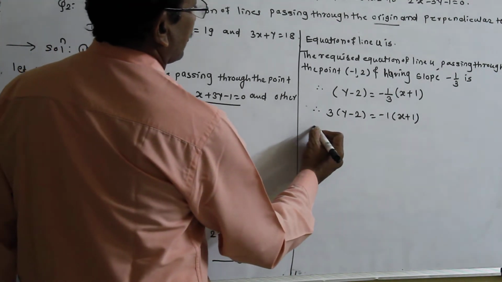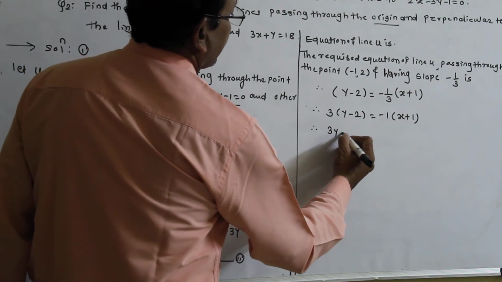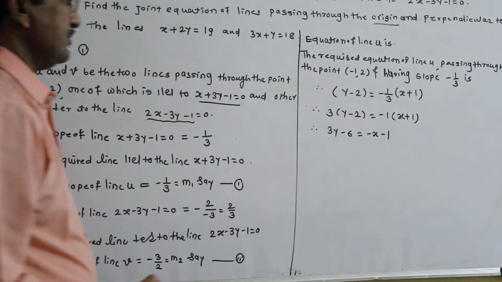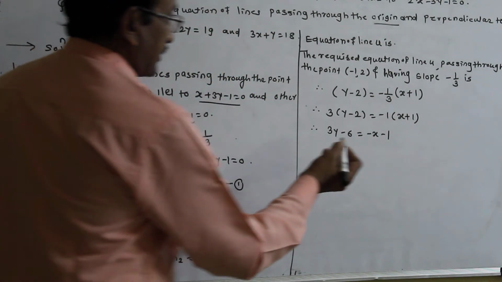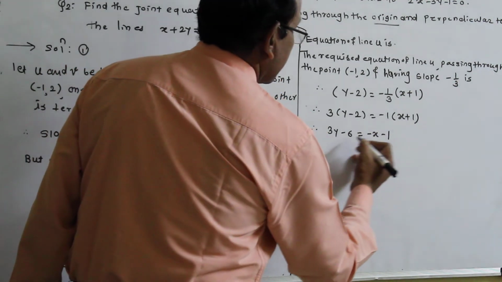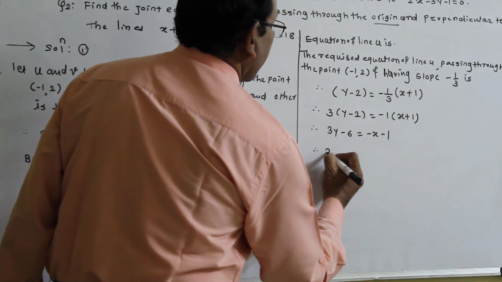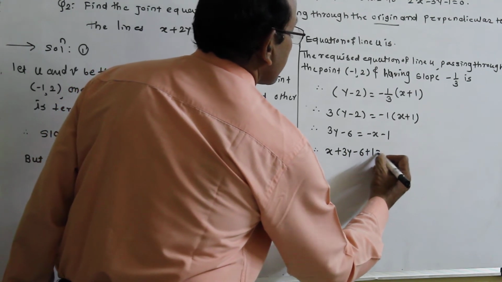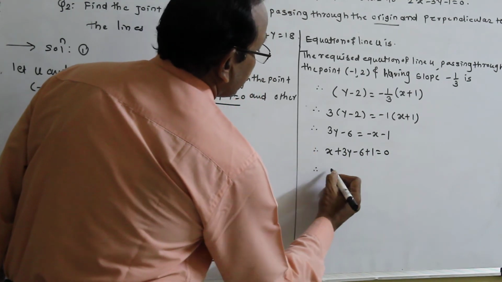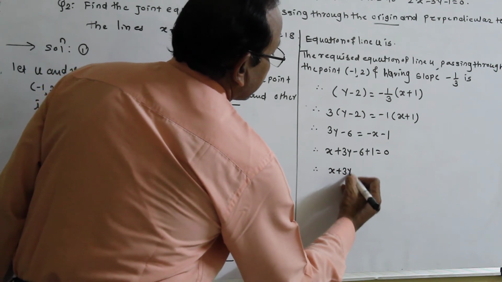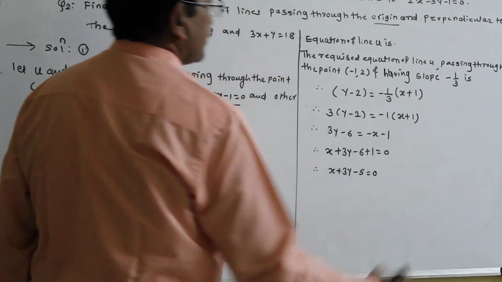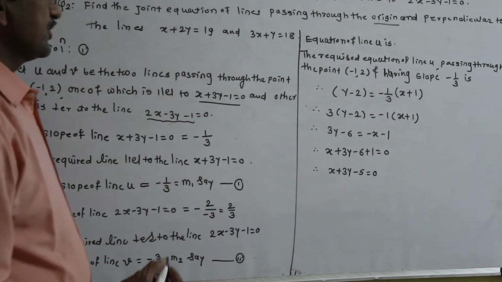Now open the bracket: 3y minus 6 is minus x minus 1. Then it is x plus 3y minus 6 plus 1 is equal to 0. So therefore x plus 3y minus 5 is equal to 0 is the equation of line u.